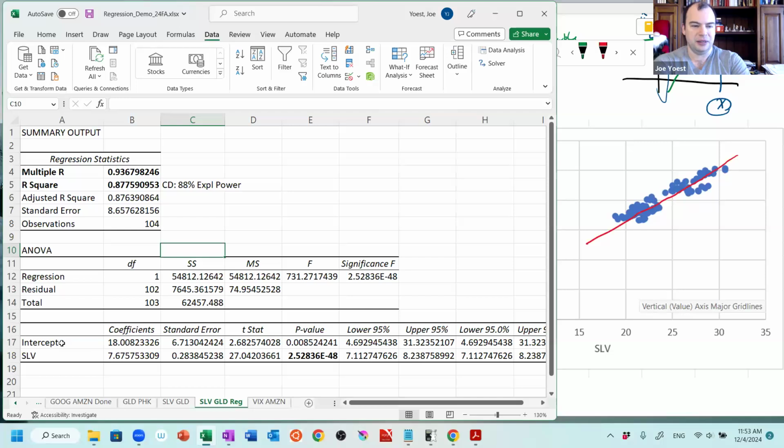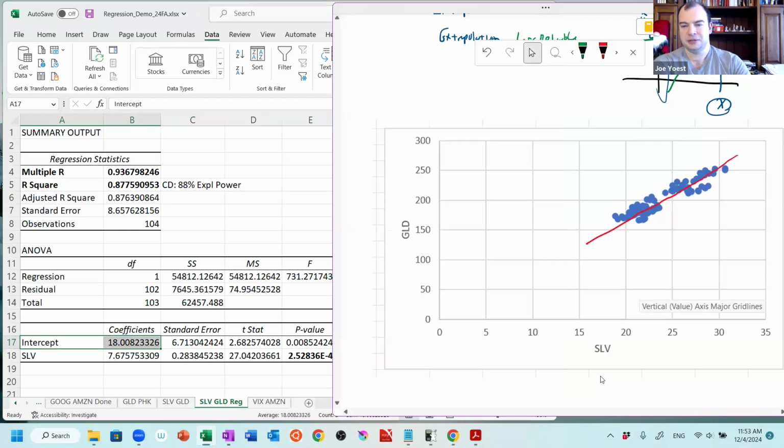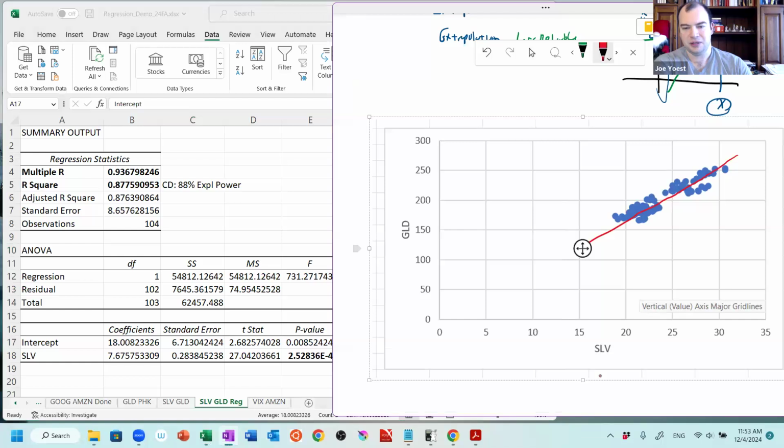So I see that my intercept is at about 18. So 18, maybe a little less than half of the way up to 50. And my slope is about 7.5. So as I go over, say, 10 units, I'll go up 75 units.